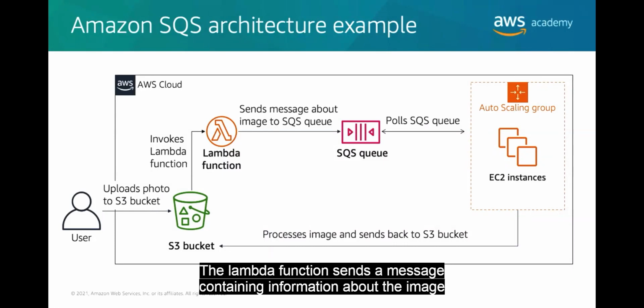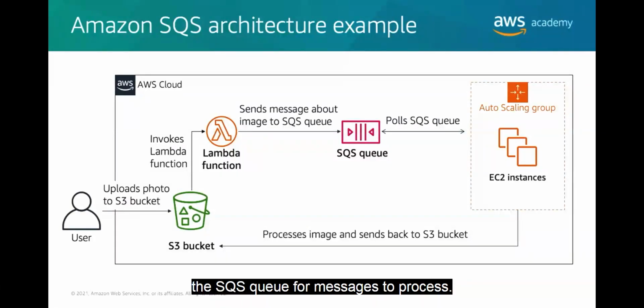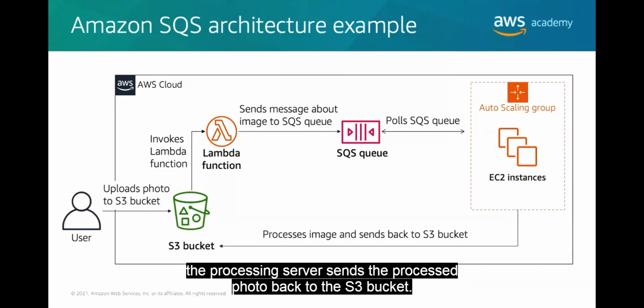The Lambda function sends a message containing information about the image to an SQS queue. A processing server that is part of an Amazon EC2 autoscaling group polls the SQS queue for messages to process. After processing the photo, the processing server sends the processed photo back to the S3 bucket.